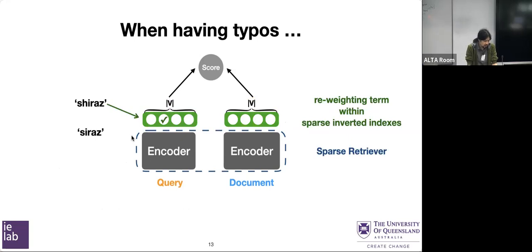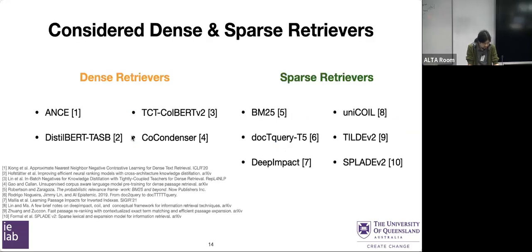If you put that into a sparse retriever, it does exact word matching. If you're lucky enough, you can find one that maps to that Iranian city, Shiraz. But if there's no Shiraz in the vocabulary, we'll probably get nothing, and fail.